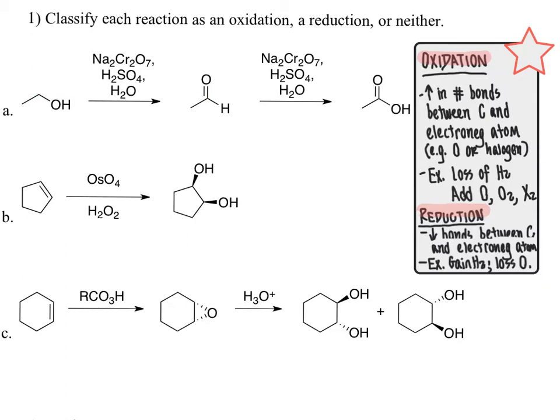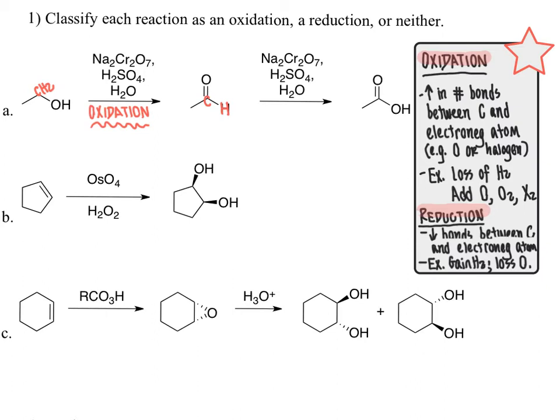Additionally, you would be removing one of the hydrogens because originally you had CH2, and over here you just have CH. Since we're decreasing the number of bonds between carbon and hydrogen and increasing the number of bonds between carbon and oxygen, we can classify this reaction as an oxidation by relating the structure of the product to the structure of the reactant.